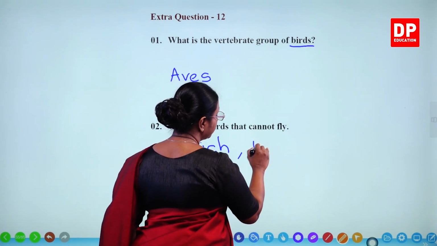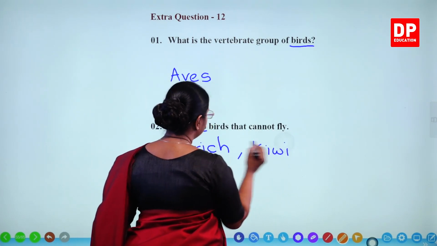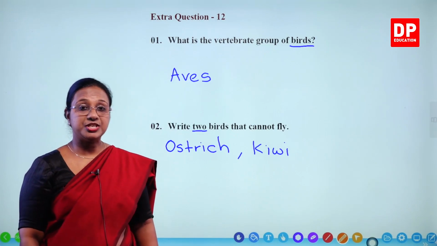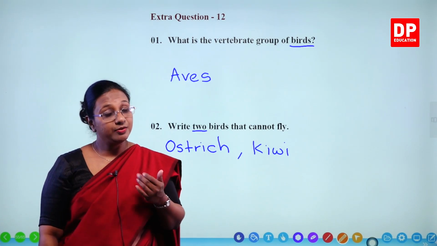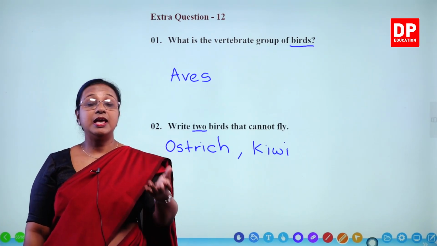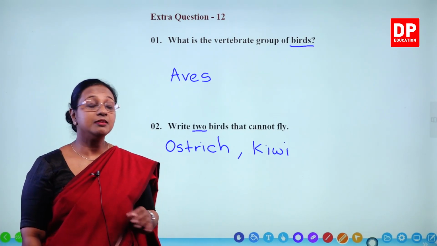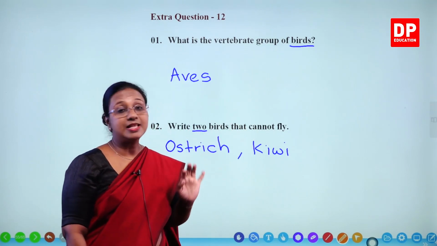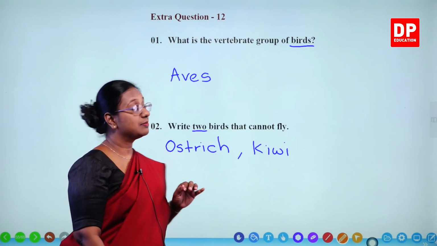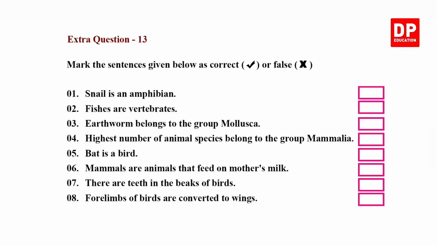Any of those can be written here. I will write ostrich and kiwi. In addition to that, you can also write cassowary, emu, rhea, penguin. You can even write the penguin. Flightless birds.